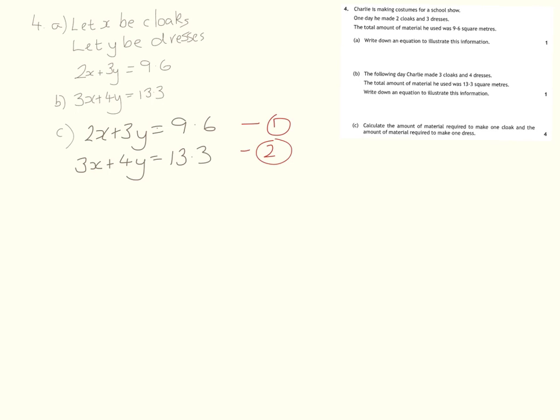I need to solve these algebraically. So let's have a look. What can we eliminate? We can't eliminate anything straight off because we don't have both 2x's or both 3y's. What I'm going to do is try and eliminate the y's. The lowest thing that 3 and 4 both go into is 12. So I'm going to try and make these both 12y.